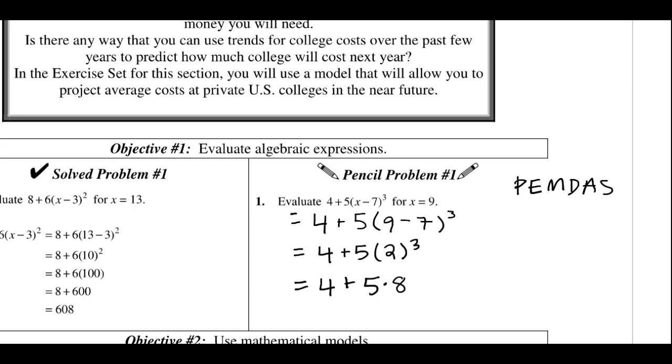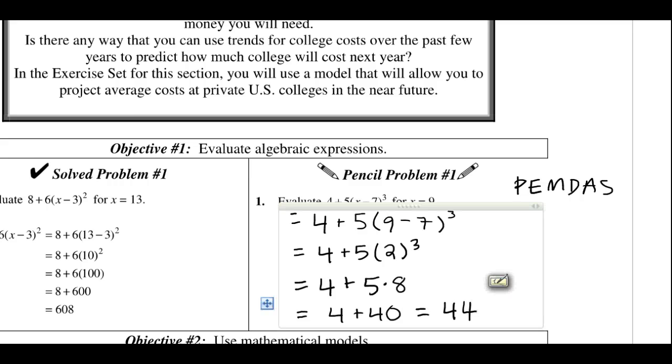Okay, so now we have an addition and a multiplication, and order of operations says multiplication should come first. So we have 4 plus 40, and now all that's left is addition, and we see that our answer is 44. Okay, so let's move on to the next one.